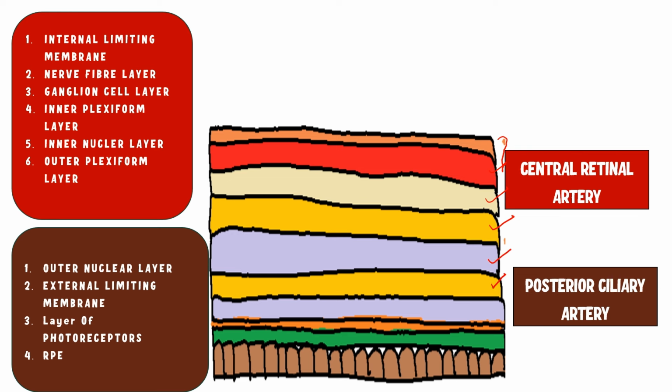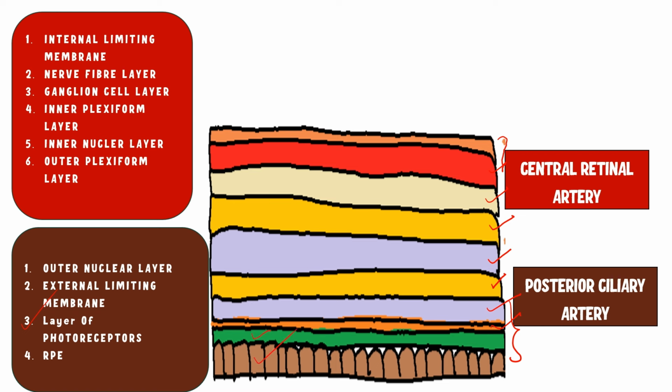So that forms a total of 6 inner retinal layers, whereas the posterior ciliary artery, or the ciliary circulation or the choroidal circulation, will supply the outer 4 layers of retina, that is the outer nuclear layer, the external limiting membrane, the layers of photoreceptors, and the retinal pigment epithelium.